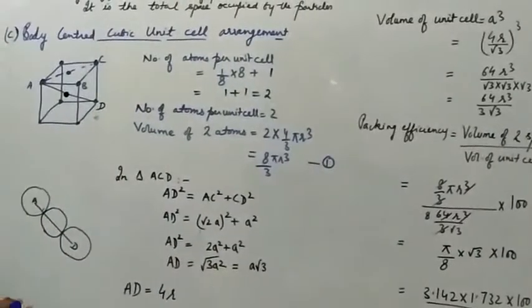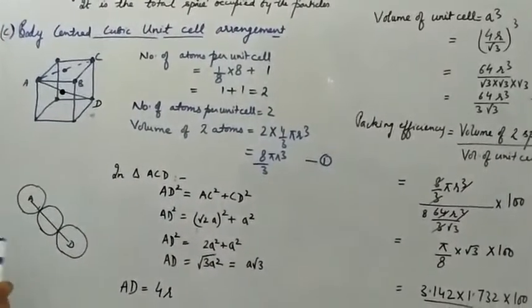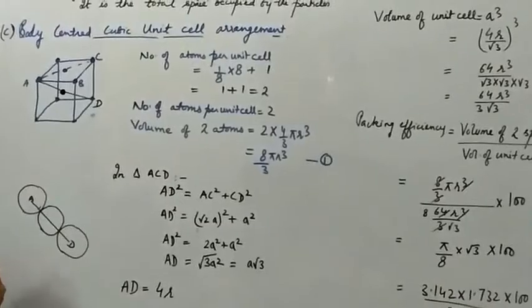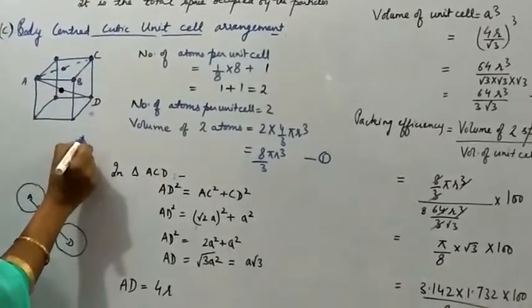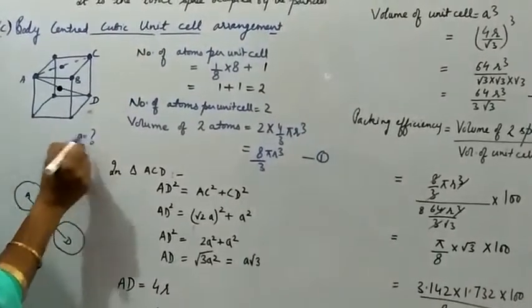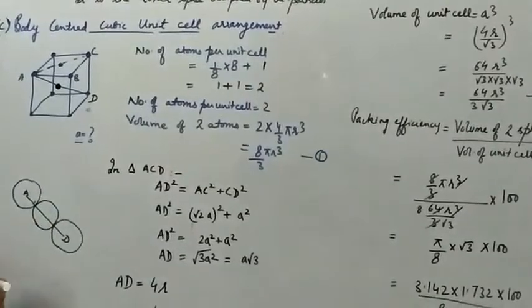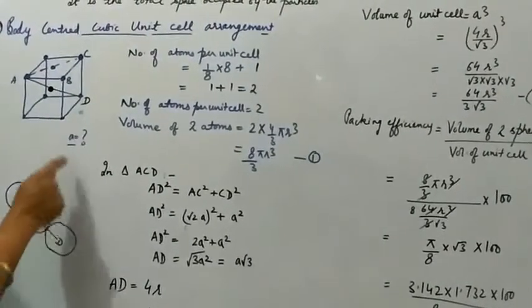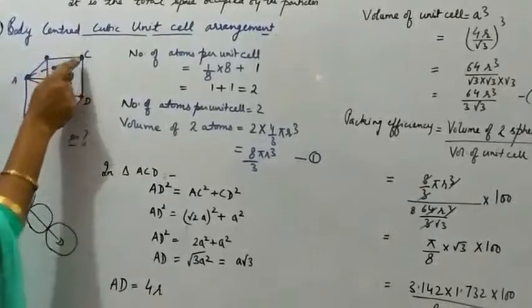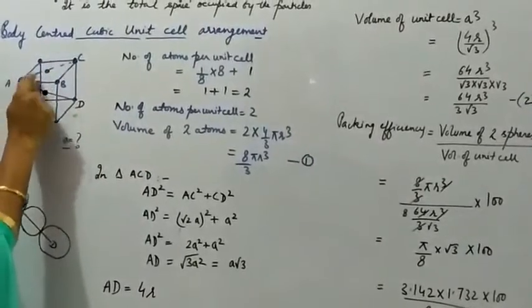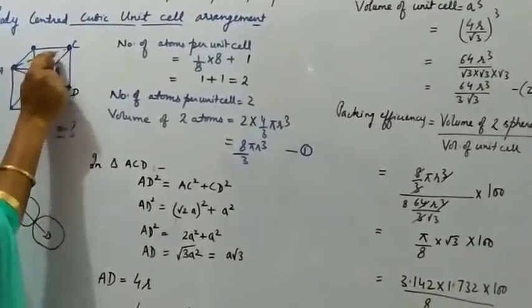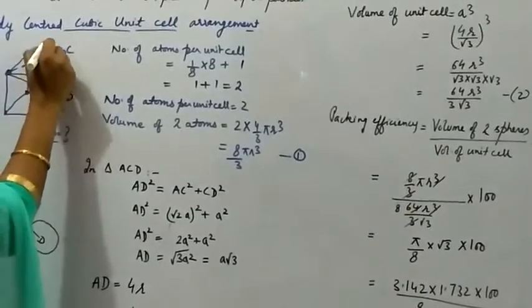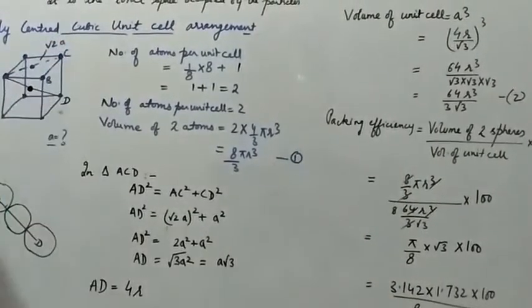Now we have to find out the volume of the unit cell. And to find the volume of the unit cell, we first have to find the value of a in terms of r. In the previous topic, we calculated AC. So what was AC here? It was root 2 a.